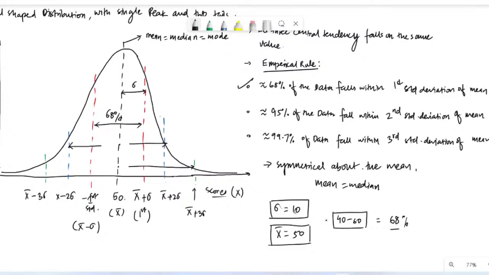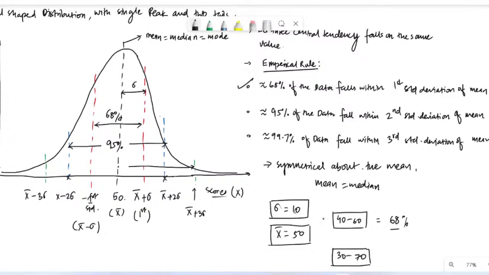Similarly, the second rule says that between your second standard deviations, the value is 95%. What will be the range of the second standard deviation? 30 to 70, correct? Right now I have assumed that my sigma value is 10.